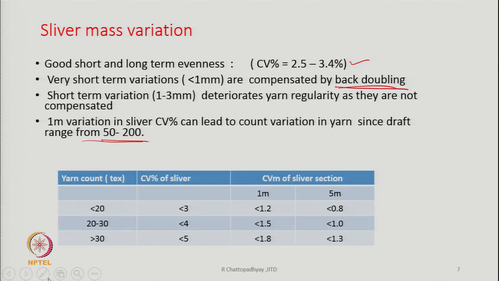So, some typical values are also shown here. For yarn count less than 20, the 1 meter CV of sliver and 5 meter CV of sliver. These are some kind of norm, you can say, which the industry follows.